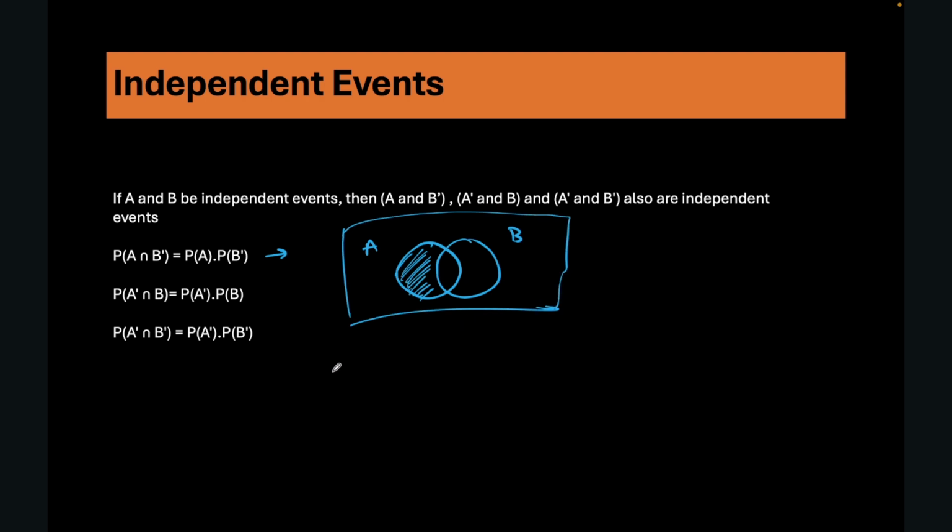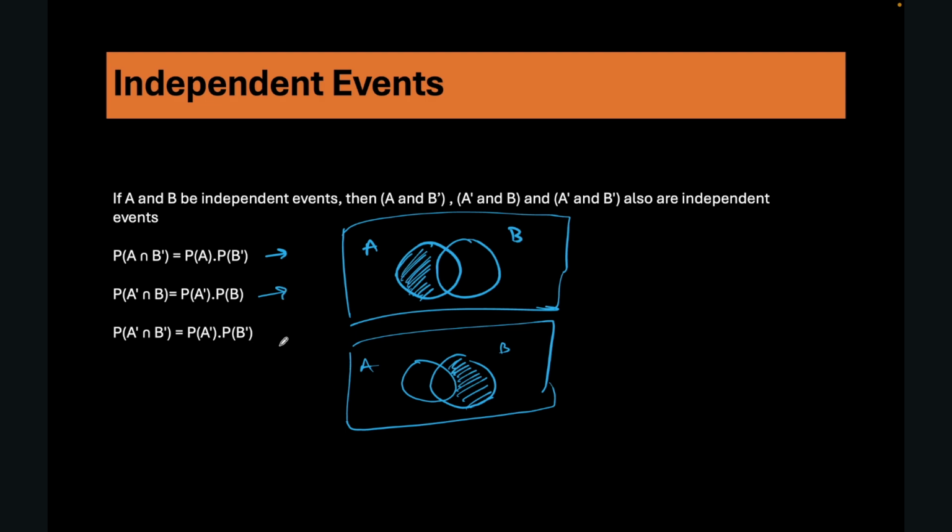Similarly, what's the second case? A not happening but B happening. Well, that's just A and B like this and like this. That's what it is. This is kind of A not happening and B not happening. This is kind of like probability of A union B, all of it.